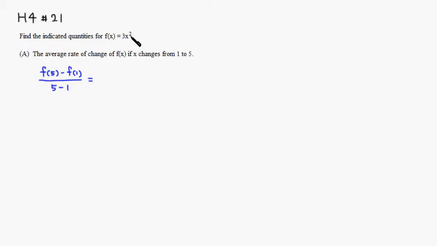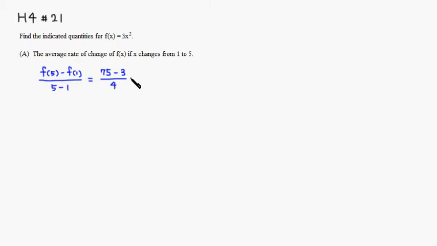So 5 squared is 25, and times 3, it's going to be 75, minus, if you plug in 1 here, 1 squared is 1 times 3, so it's 3, divided by 5 minus 1, which is 4.